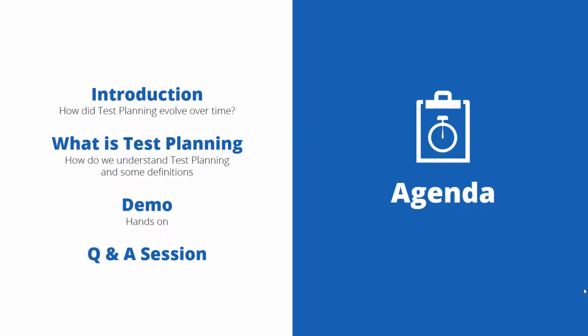Then we're going to go into the details and facts of test planning within Tosca, where I would like to give you some details on the different objects you can create within the test planning component, and that you also get an idea of how we name them so that we know what we are talking about. And then we're going to jump directly into the hands-on session, and I will demonstrate the power of test planning within our product. And in the end, obviously, there's going to be a Q&A session where we're going to go through some of the questions you raised during the Mooc.